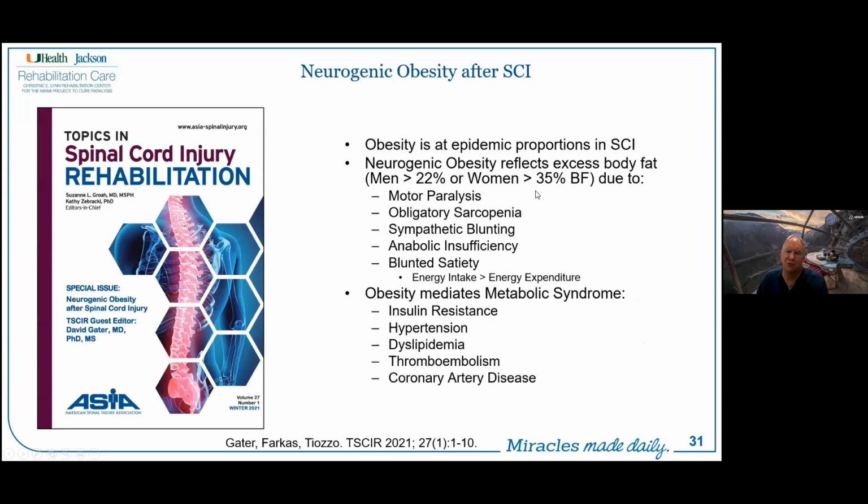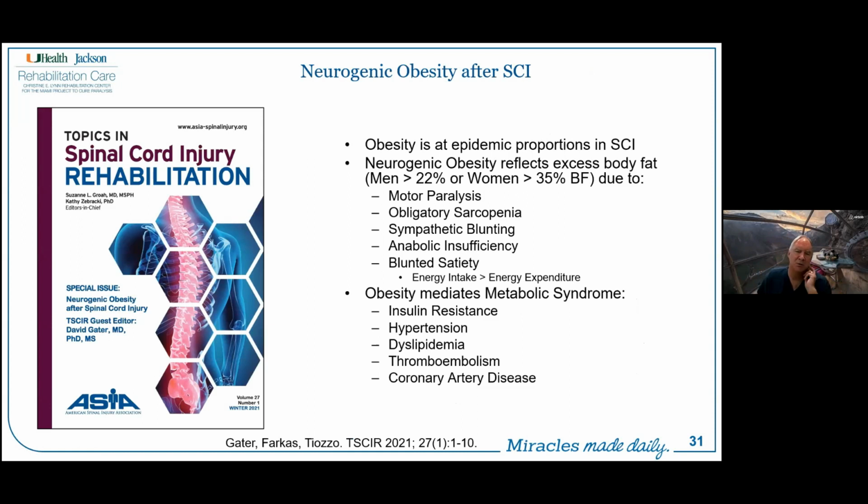As well, they are at high risk for what we call neurogenic obesity. And this is because of motor paralysis, subsequent loss of muscle mass, we call obligatory sarcopenia, the sympathetic blunting we talked about with the autonomic dysfunction, anabolic insufficiency. So particularly men are going to drop their levels of testosterone and growth hormones significantly after spinal cord injury.